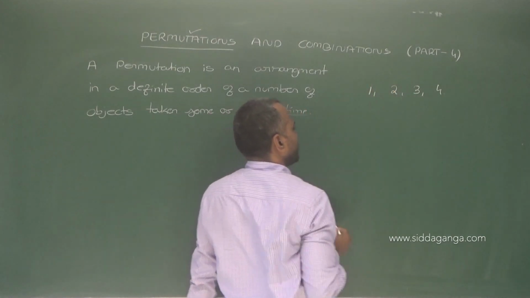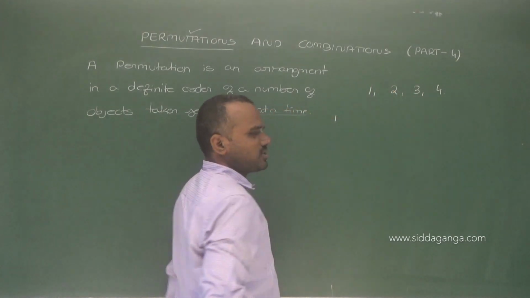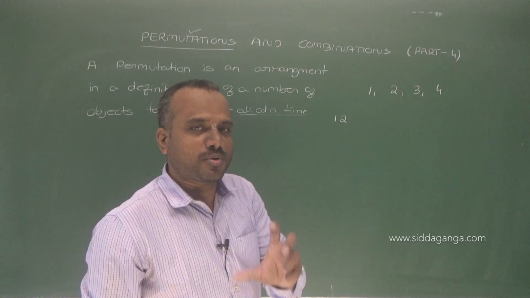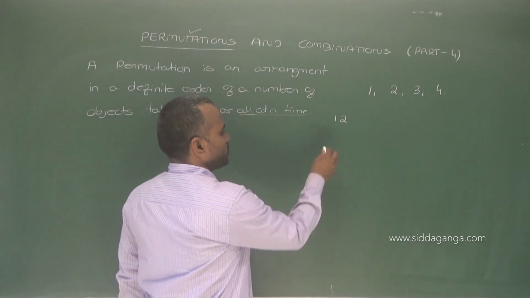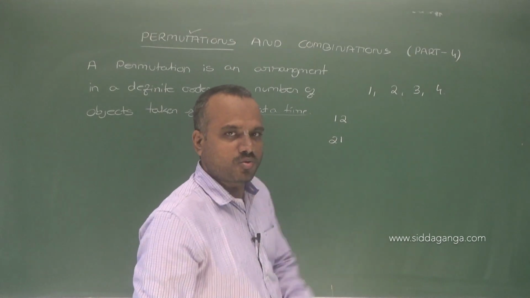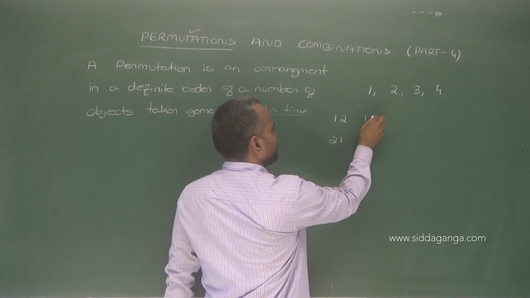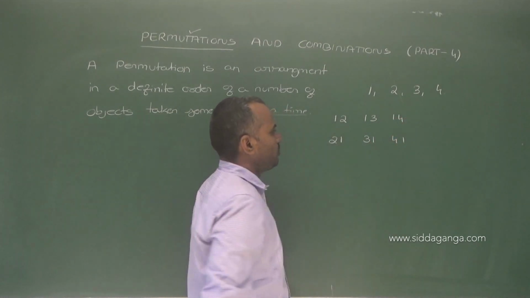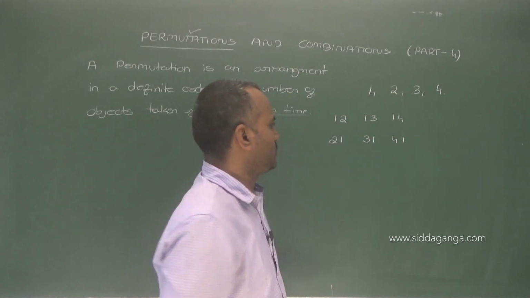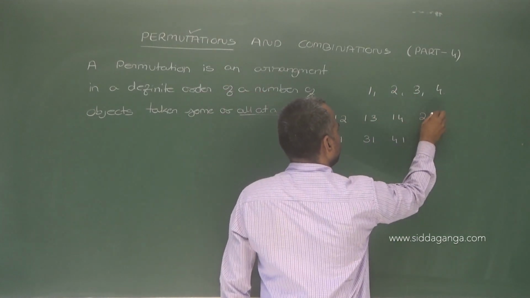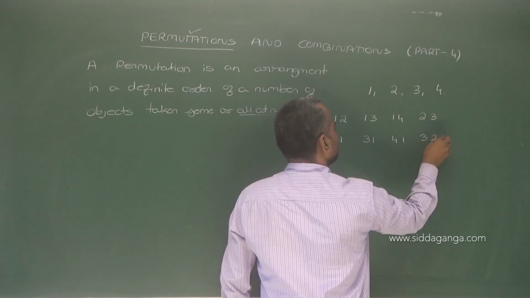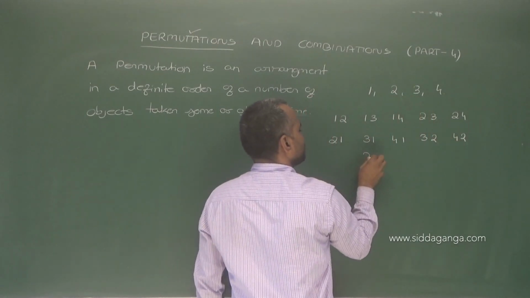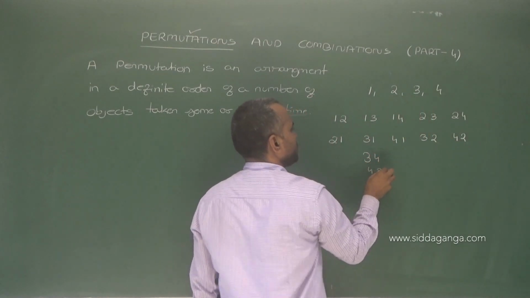If I have to arrange 2 at a time, we will see A must be the first place. Okay? So number of arrangements means permutation. Number of arrangements: 1 2, 2 1, 1 3, 3 1, 1 4, 4 1, then 2 3, 3 2, 2 4, 4 2, next 3 4, 4 3.